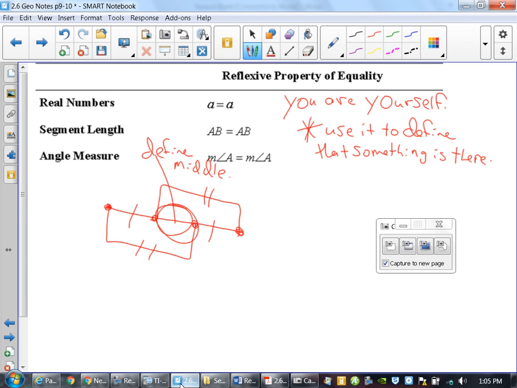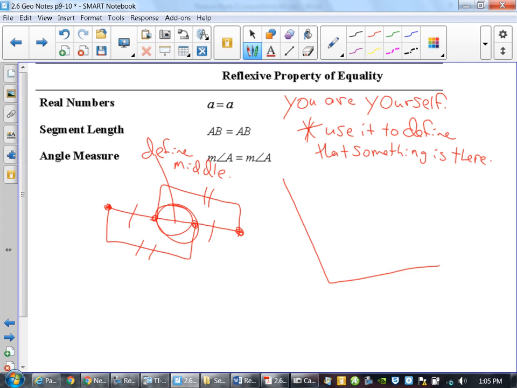It's a very common, quick step. So if you have an angle set up, if you start with this, those two are congruent, and you want to show that these two are congruent, you have to define this middle part. That's all it is. Basically, you're going to add the same thing to two sides by defining it. And all this reflexive property does is tell you that it's there.